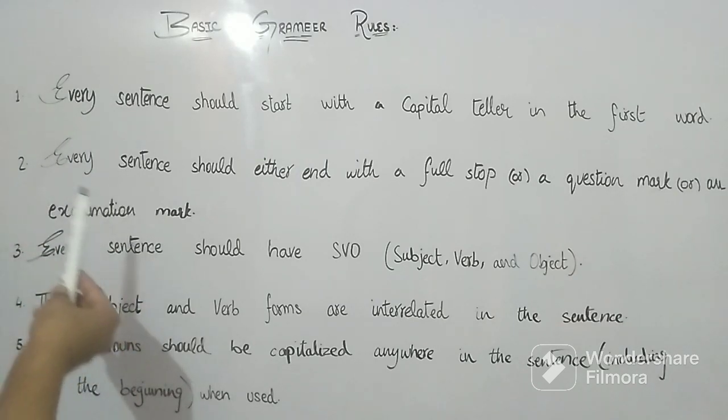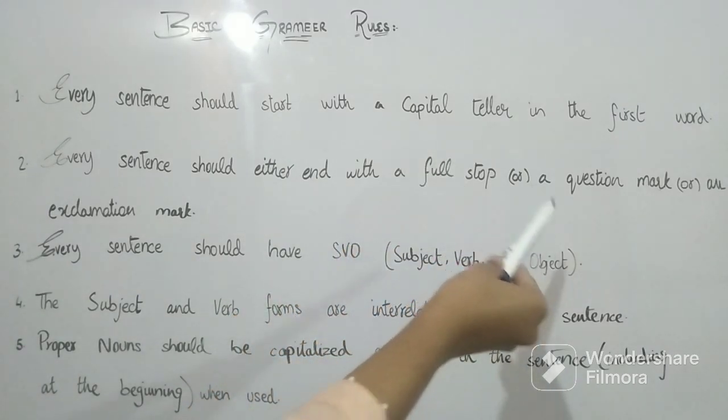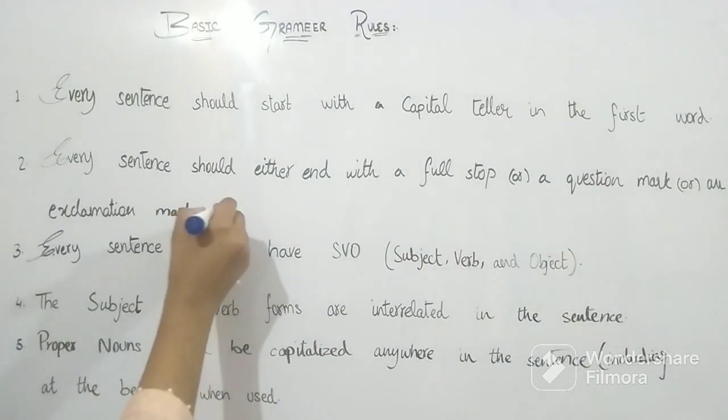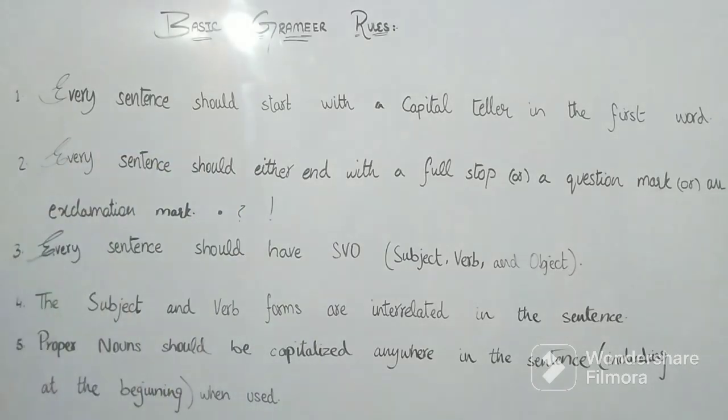Second rule, every sentence should either end with a full stop, a question mark, or an exclamation mark. This is a full stop, a question mark, and an exclamation mark. Just like if we are simply talking, we will end our sentence with a full stop. If it is a question starting with what, how, when, where, and all those, it will end with a question mark.